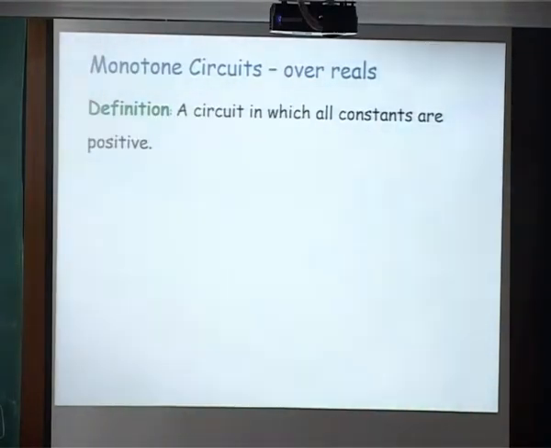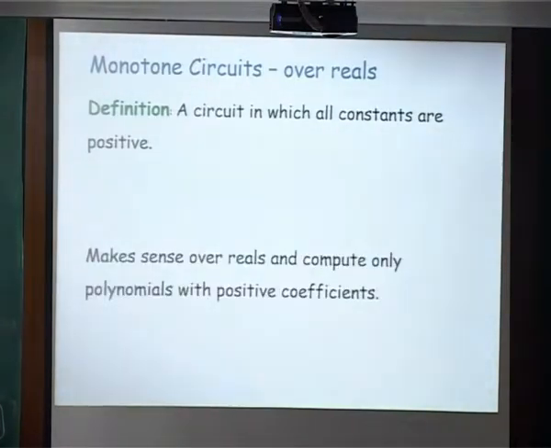If you increase the value of any variable, the function can only increase, it cannot decrease. But this definition makes sense over the reals, but not over, say, F3. And such circuits can only compute polynomials with positive coefficients, because you never have negative numbers coming into the picture.